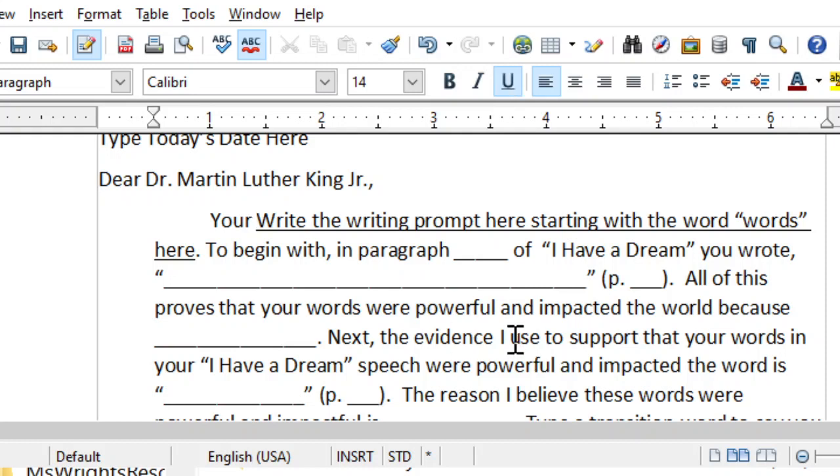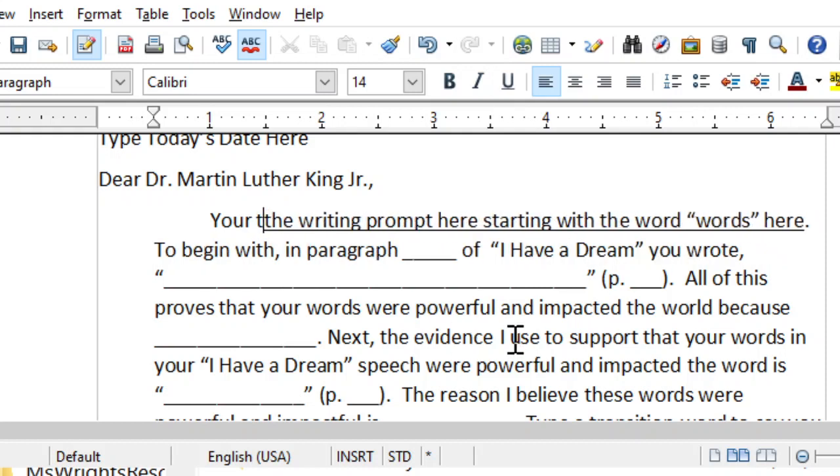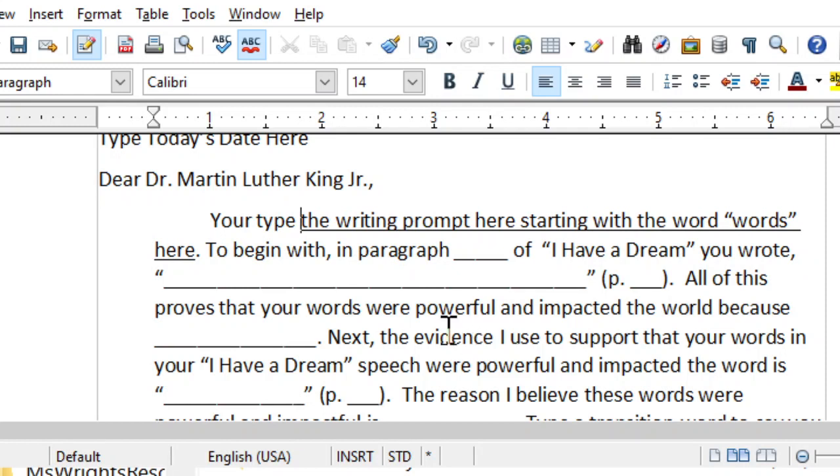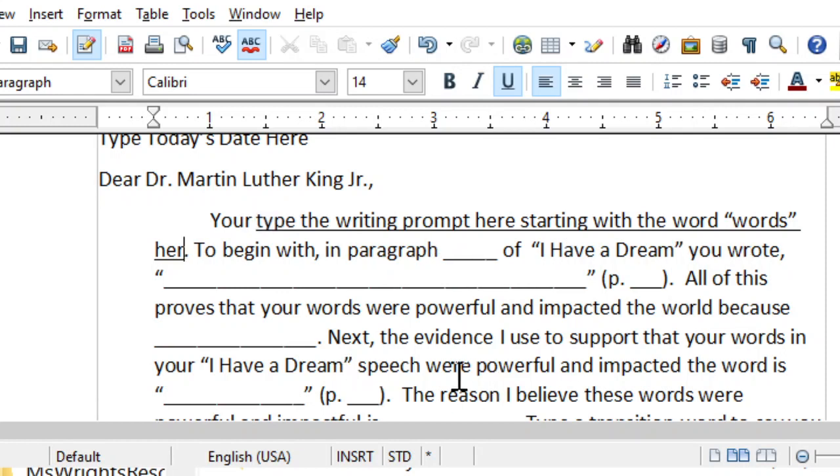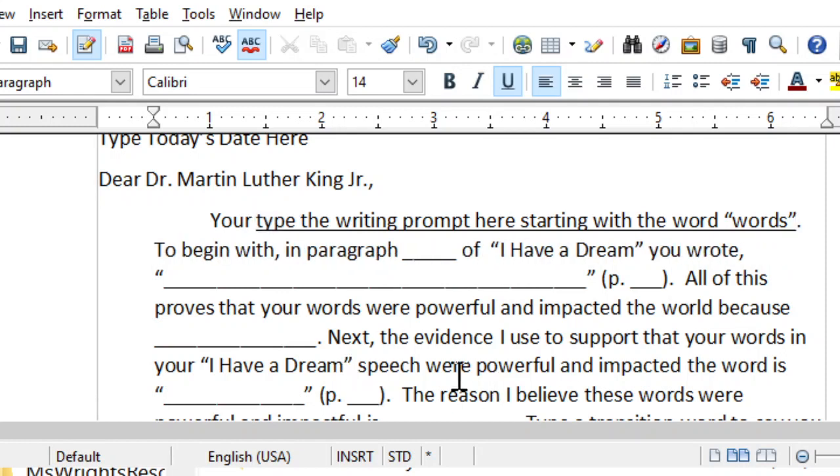You're going to type the writing prompt here, starting with the word words. So in this blank right here, I'm telling you what to type. You're going to type the writing prompt here, starting with the word words.